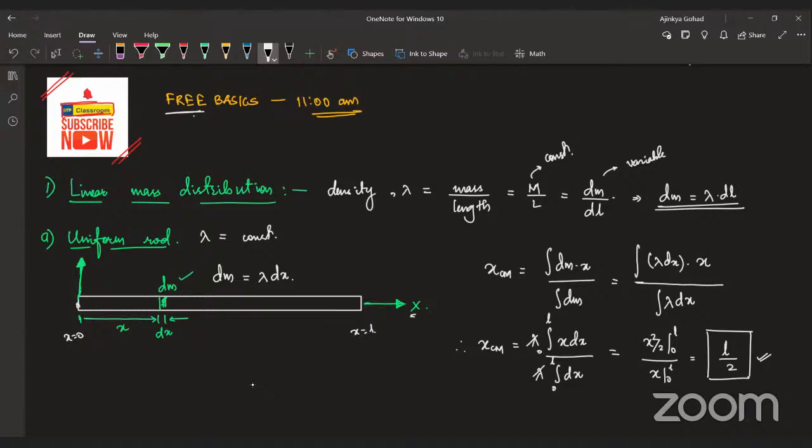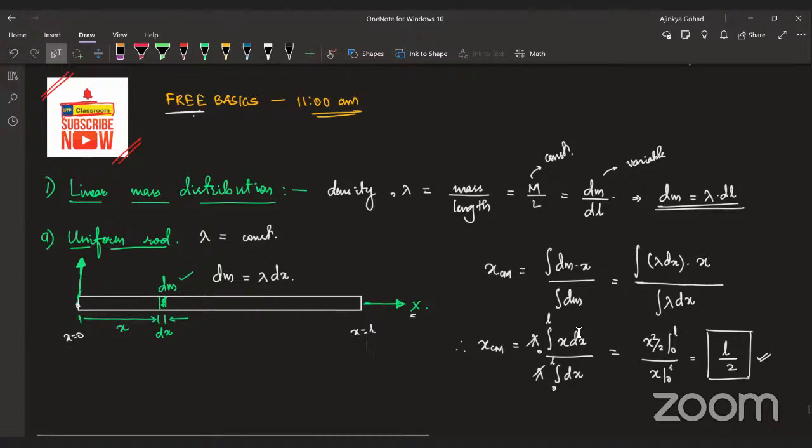A non-uniform rod is the one in which the linear mass density is variable. It is not constant. So, like here, we could take lambda out of the integration sign because it was a constant. But when it is a variable, we cannot take it out of the integration sign because all the variables need to be integrated.